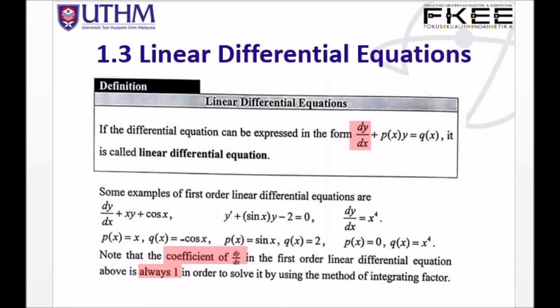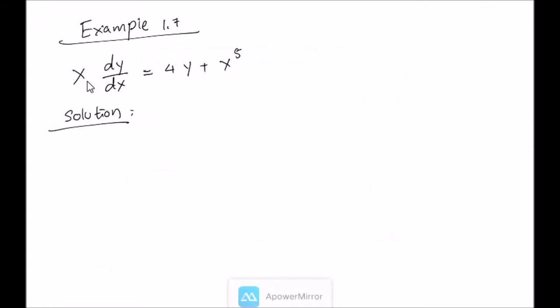But if you look at the question, x dy/dx, this coefficient is not 1. You have the value of x here. So to fulfill the format, we must divide by x. So now you get dy/dx.